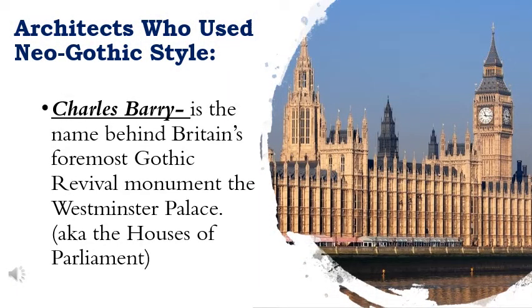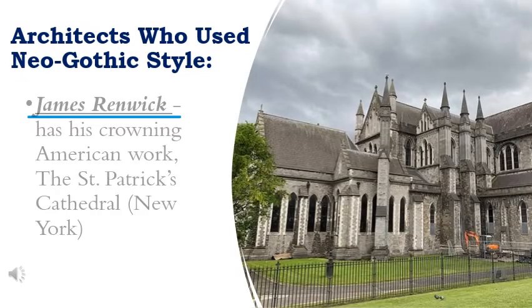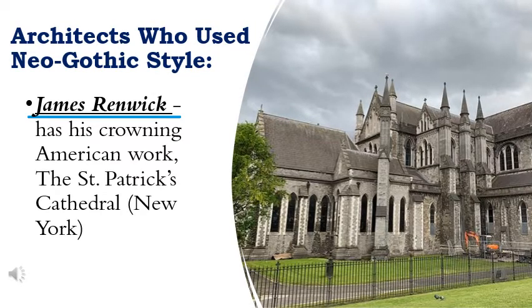Architects who used Neo-Gothic style are Charles Barry and James Renwick. Charles Barry is the name behind Britain's foremost Gothic Revival monument, the Westminster Palace, aka the Houses of Parliament. Westminster Palace, London. James Renwick has his crowning American work, the St. Patrick's Cathedral, New York.